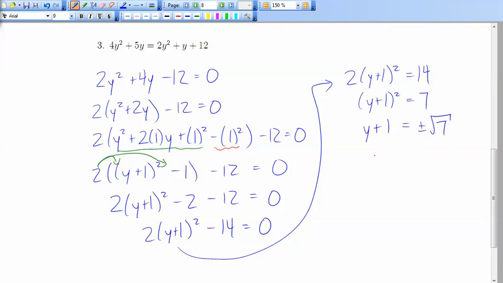And finally, we'll subtract 1 from both sides. Okay. And we found our two solutions to that quadratic equation. Either y is negative 1 plus root 7, or y is negative 1 minus root 7. Please finish that example number 2 for yourself and make sure you completely understand this idea.